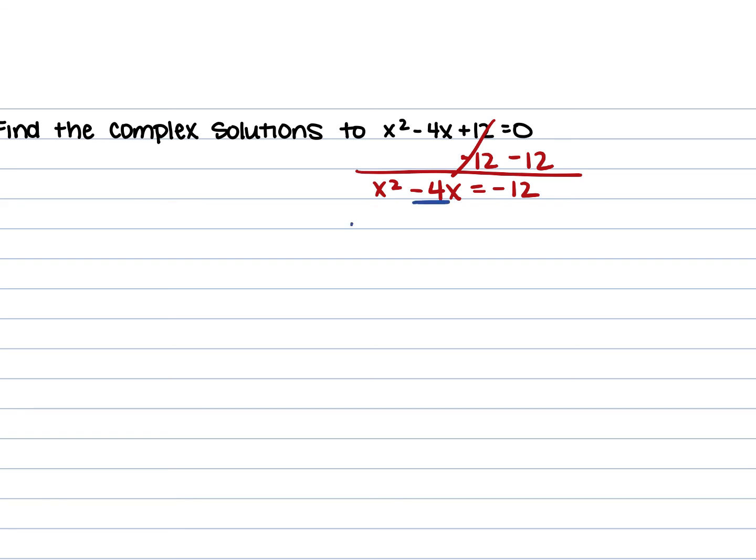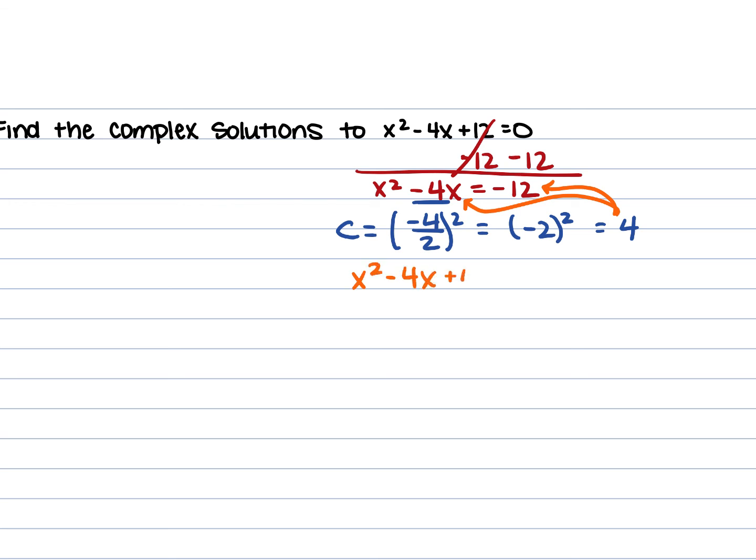Our b is negative 4, so to find c, we're going to do negative 4 over 2 squared, which is negative 2 squared, and that's 4. We're going to add that 4 to both sides of our equation. So we have x squared minus 4x plus 4 is equal to negative 12 plus 4.